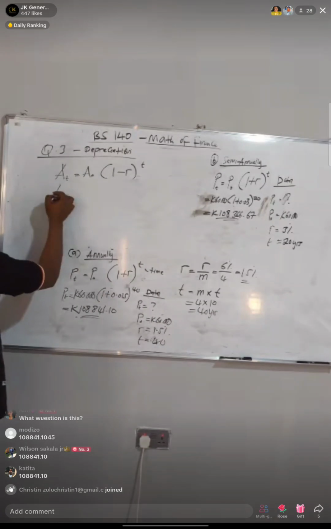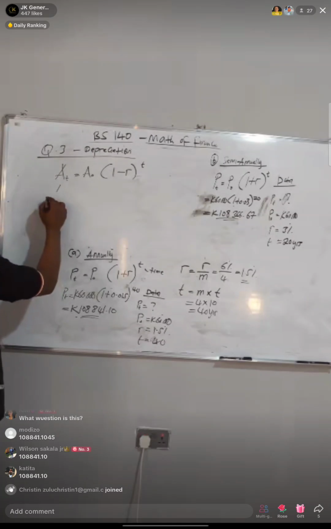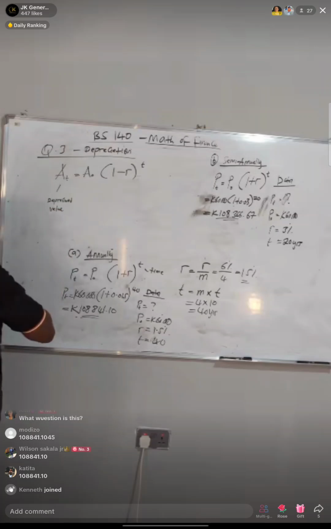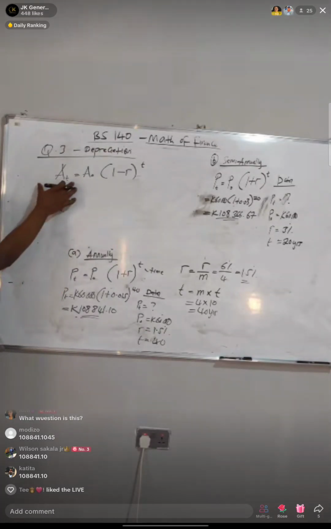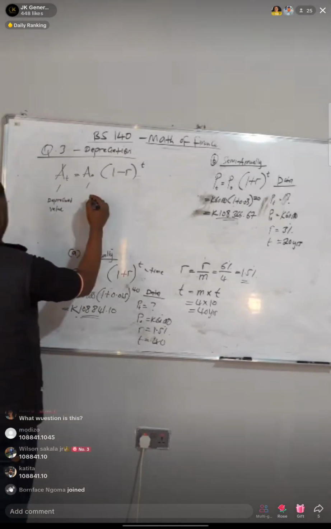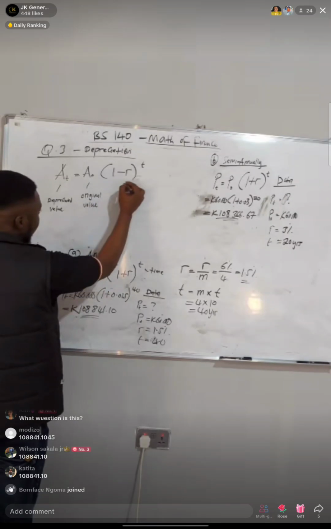Where the AT here stands for the value of the asset, or the depreciated value. In other words, you can equate it to the value of an asset after T number of years. Then A0 just refers to the original value, in this case the cost.